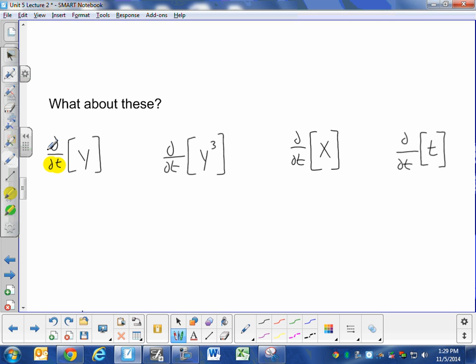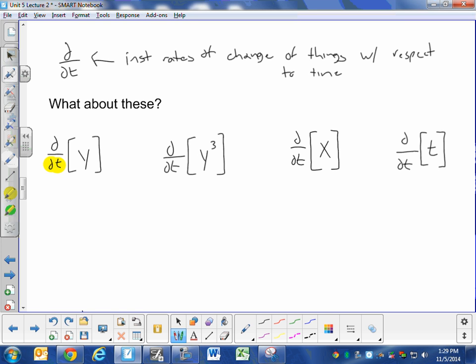So we can look at rates of change at a specific moment in time. This is taking derivatives with respect to t. So d/dt is instantaneous rates of change of things with respect to time. So what's going on at the specific moment in time?